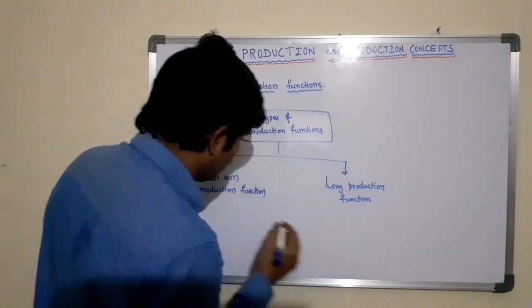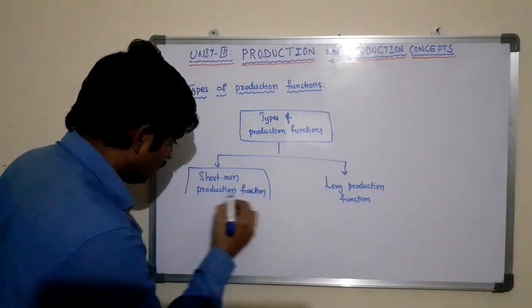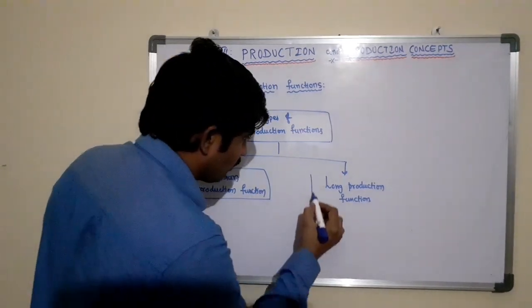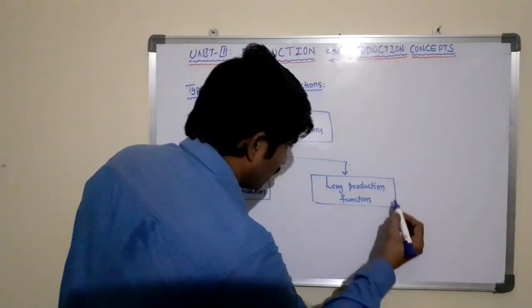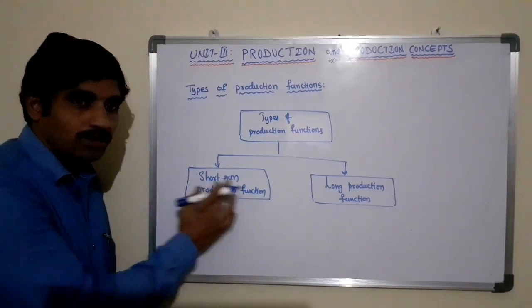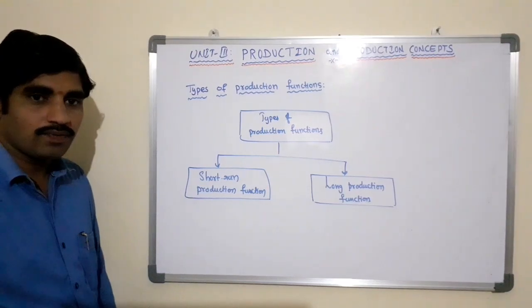So here we are classifying the production function into two, that is short run production function and the long run production function.